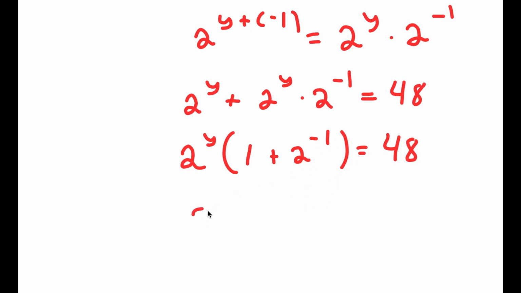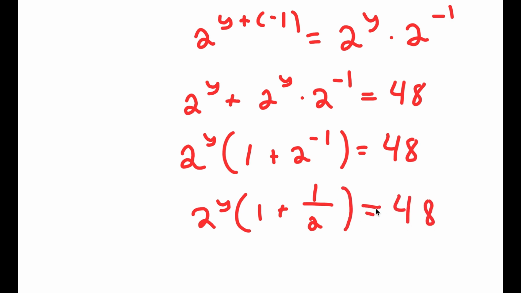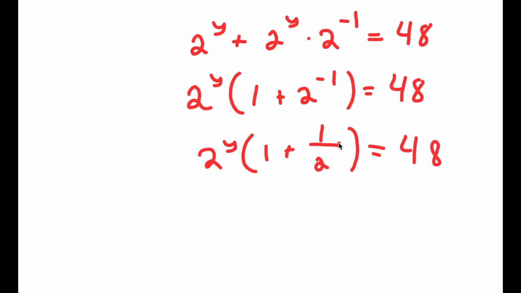And 2 to the power of negative 1, that's the same thing as 1 over 2 to the power of 1. And 2 to the power of 1 is simply equal to 2. Now 1 plus 1/2 is 3 over 2. So I have 2 to the power of y times 3 over 2 is equal to 48.